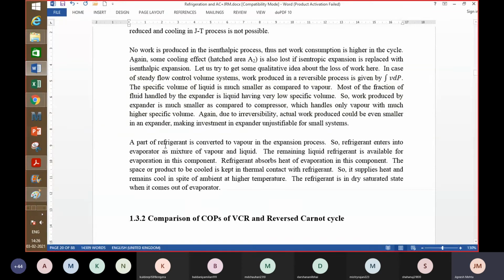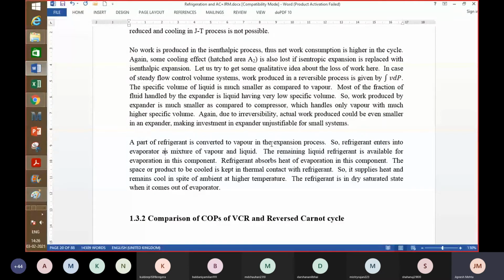Okay. A part of refrigerant is converted to vapor in the expansion process, right? So now we are talking about the isenthalpic expansion only. So part of refrigerant gets converted into vapor, and refrigerant enters into evaporator as a mixture of vapor and liquid. The remaining liquid refrigerant is available for evaporation in this component, that is evaporator. Refrigerant absorbs heat of evaporation in this component, that is evaporator.